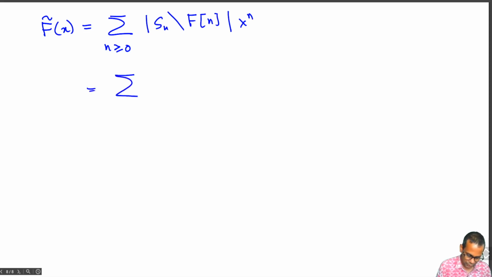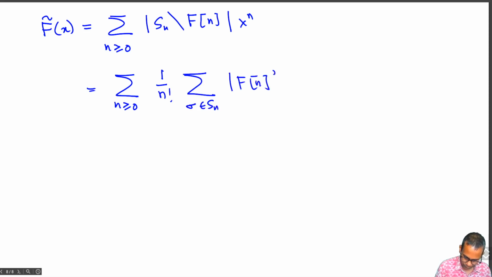So this is summation n greater than or equal to 0, and then we have 1 over n factorial summation sigma belongs to Sn of fix of sigma on Fn, and what do I want?